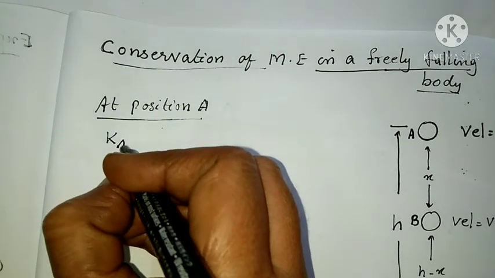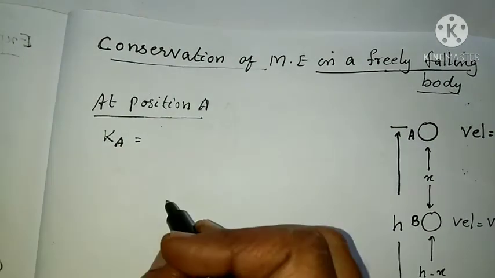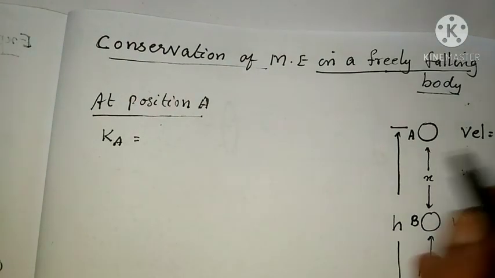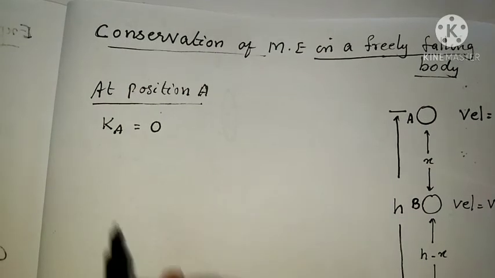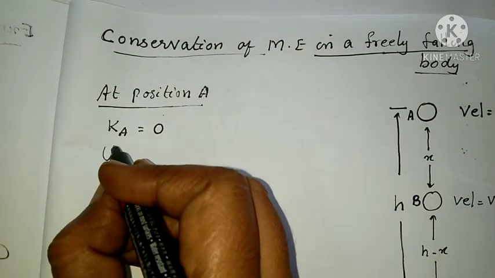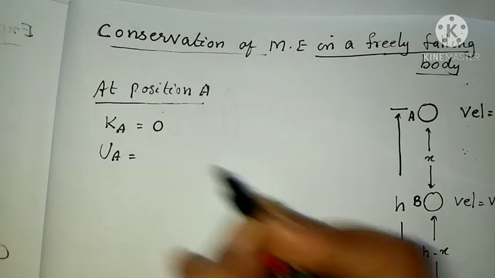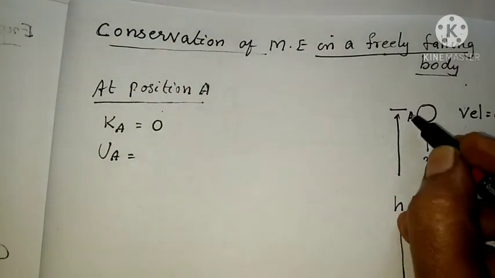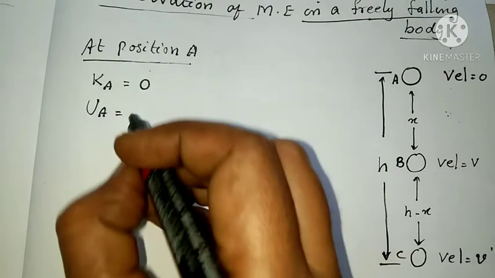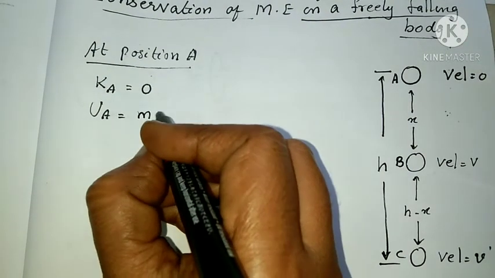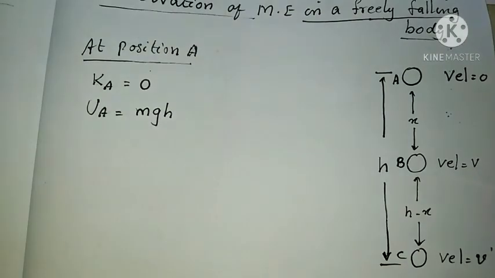Kinetic energy equal to half mv square, where v is 0. So we can write kinetic energy 0. Then what is the potential energy at A? Potential energy is equal to mgh, that is, the body is at a height h from the ground. So potential energy is equal to mgh.